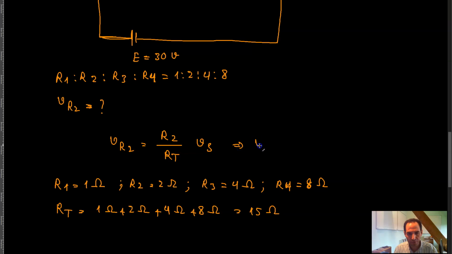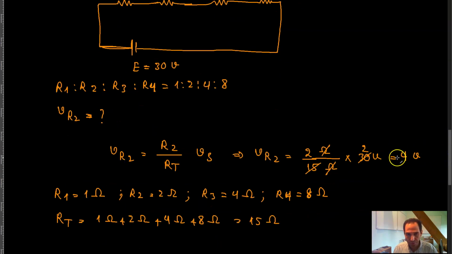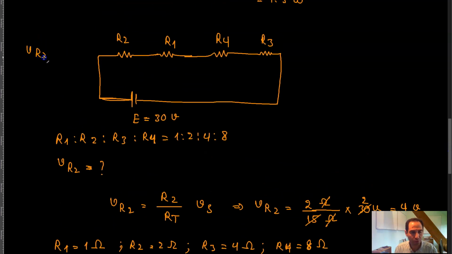So then V of R2 is equal to 2 over 15, both in ohm, times 30 volts. 30 divided by 15 is equal to 2, that would be 4 volts. So the voltage drop across R2 would be 4 volts.